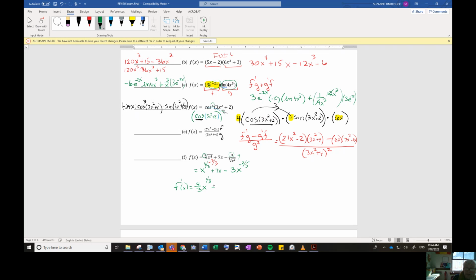The derivative of 7x is 7. Then I've got minus 3, I'm going to keep that base, but I'm going to take this exponent and move it out in front. So I'm multiplying by -2/5, keeping that x, and subtracting 1 again, subtracting 5/5. -2/5 minus 5/5 is -7/5.